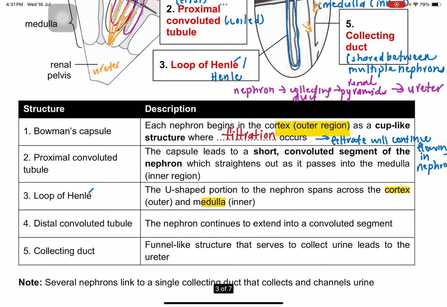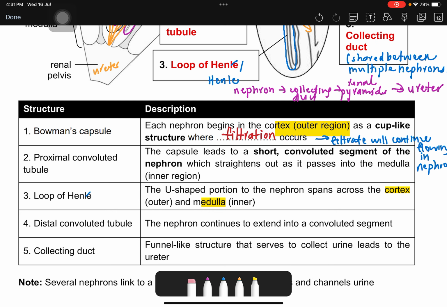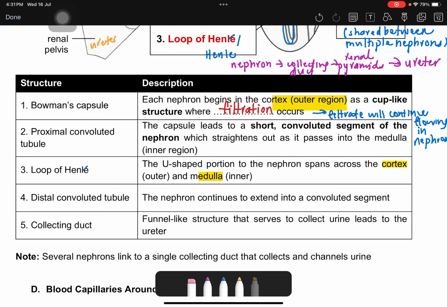It's not quite function that I'm describing over here. What I've done in this table is to just describe how the different structures actually look in the nephron. Do note that several nephrons link to a single collecting duct that will channel the urine to the ureter and eventually the bladder.